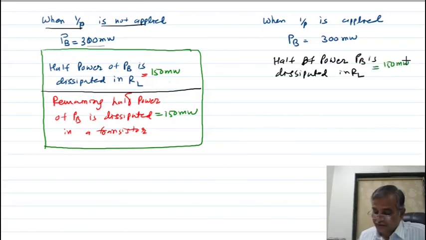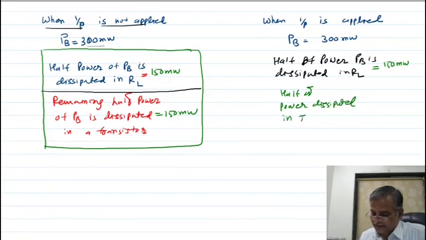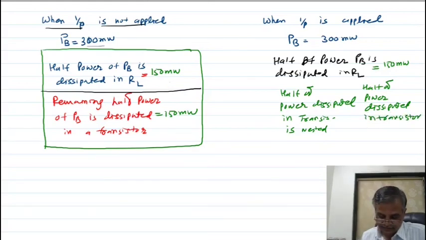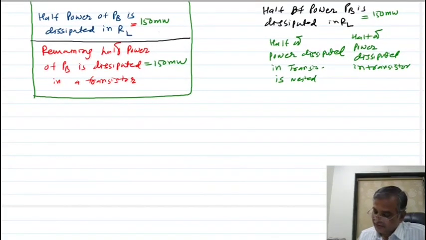And of the power dissipated in the transistor, half is wasted, and half is converted into PAC.